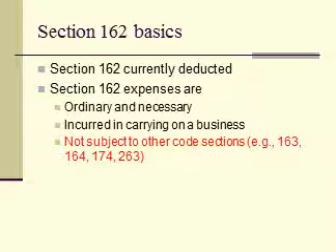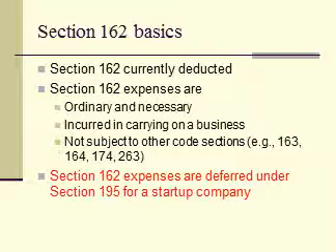Website costs that are not capitalized under Section 263 and are ordinarily not subject to Sections 163, 164, or 174 are often characterized as Section 162 costs. Note, it is important to remember that Section 162 expenses of a startup company, which are otherwise currently deductible, are deferred under Section 195.